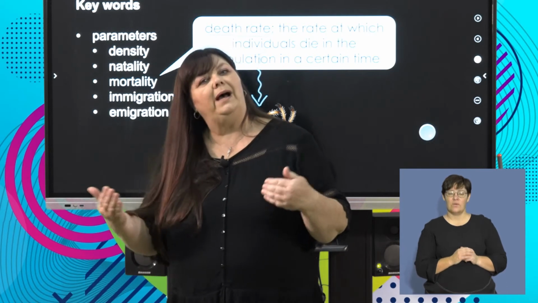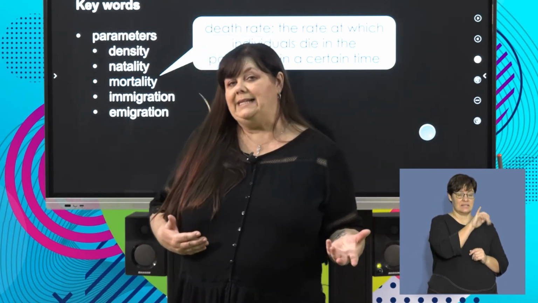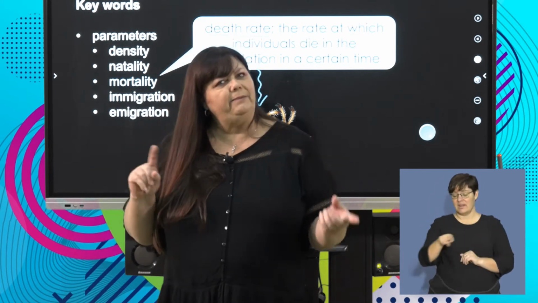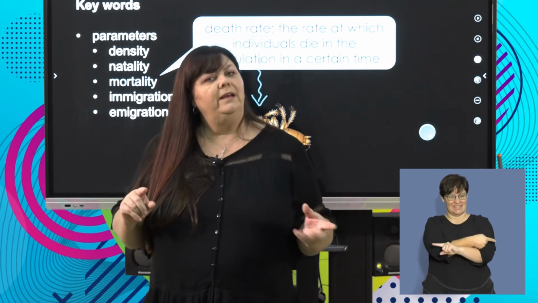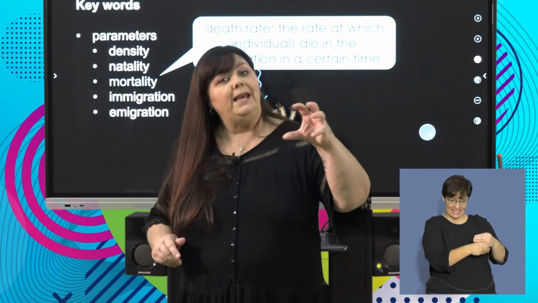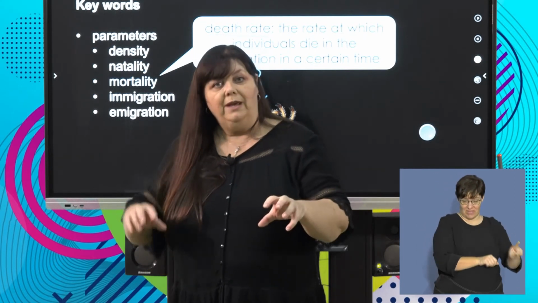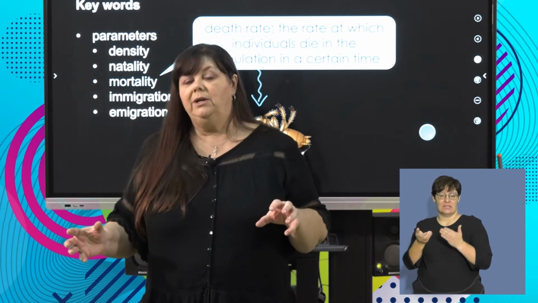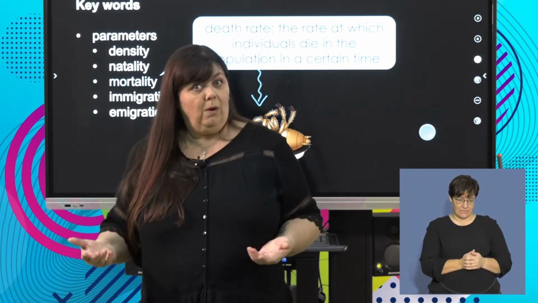So do you see why I talk about natality and mortality as kind of being opposites of each other? We're adding to a population with birth, and we're taking away from a population with mortality or death.